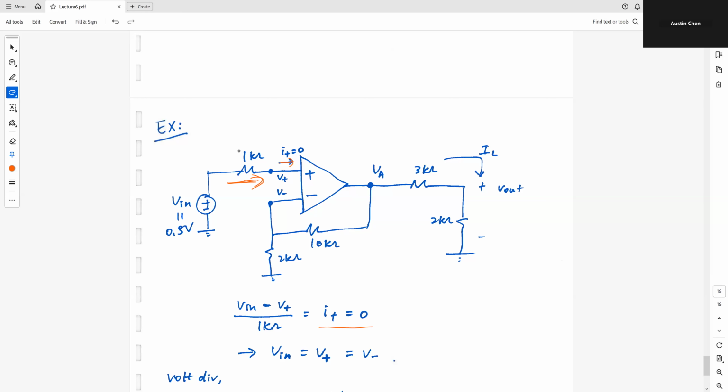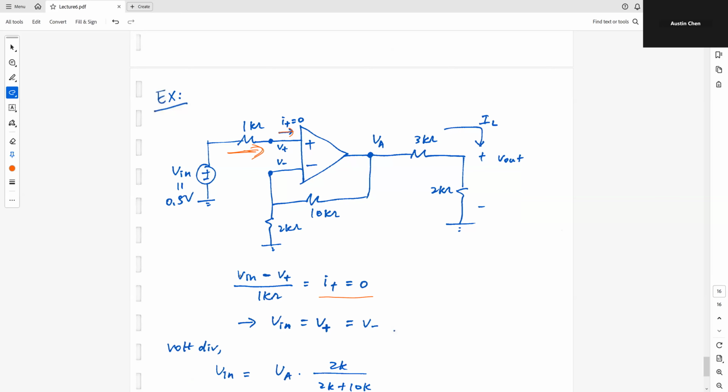Based on this, I can deduce V in and V plus are equal. If this is equal to 0, then I plus equal to 0 can be satisfied. That's how I arrive at this conclusion.